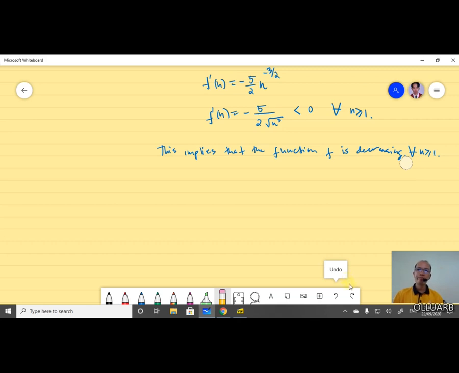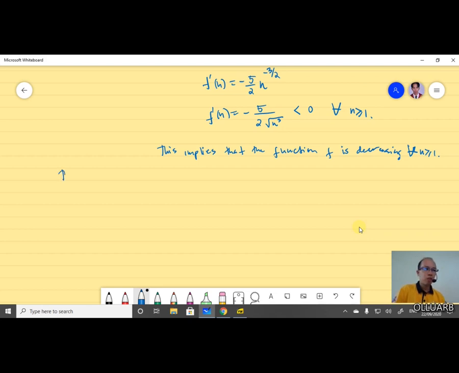Decreasing for all n greater than or equal to 1.